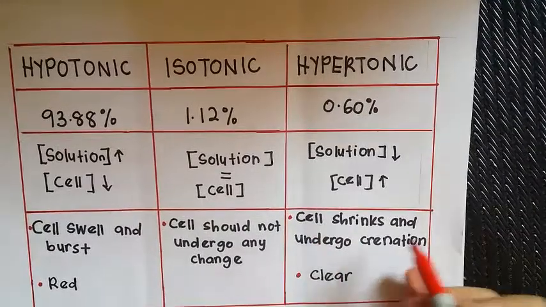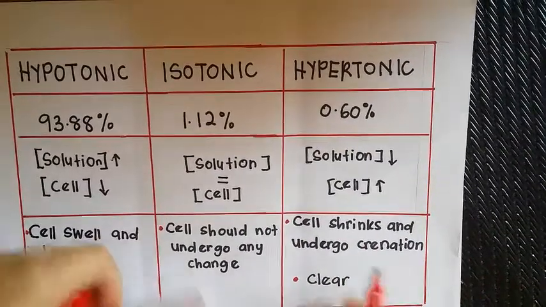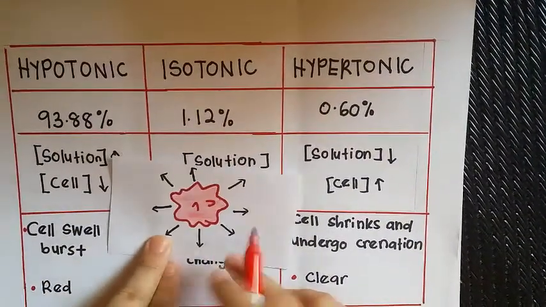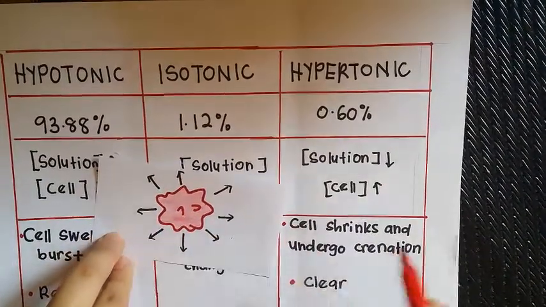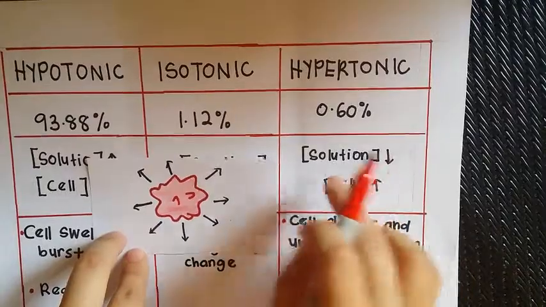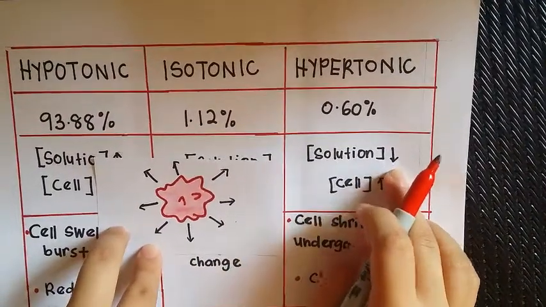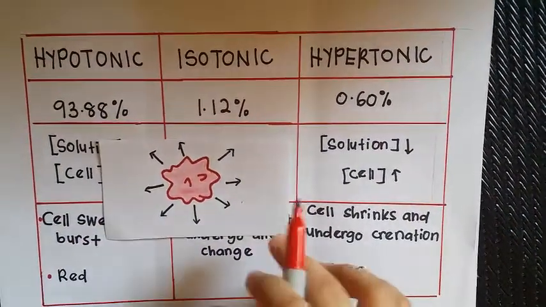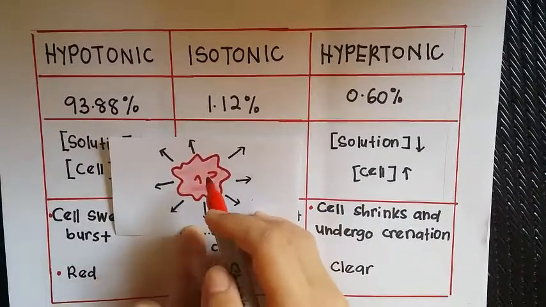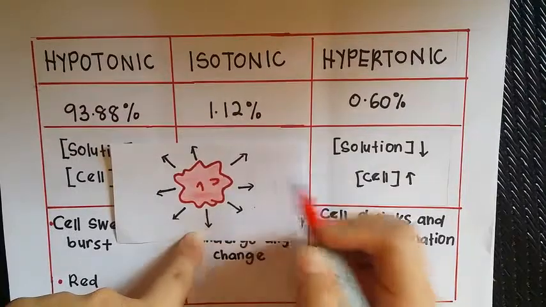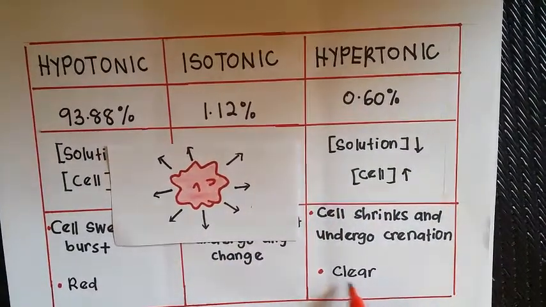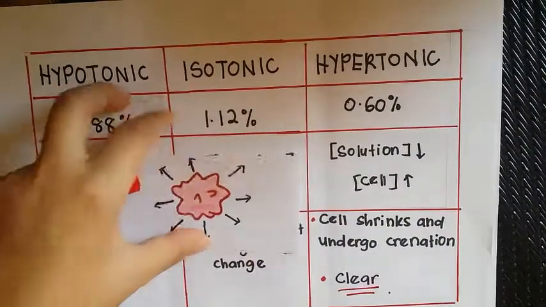The cell will shrink and undergo crenation because the water in the cell moves out to the extracellular fluid, and the hemoglobin does not leak out into the extracellular fluid, so the solution stays clear.